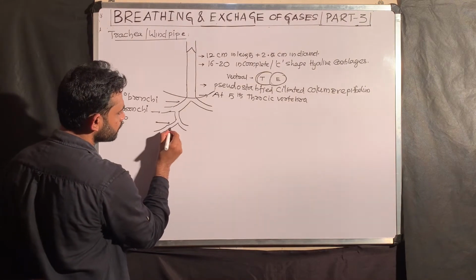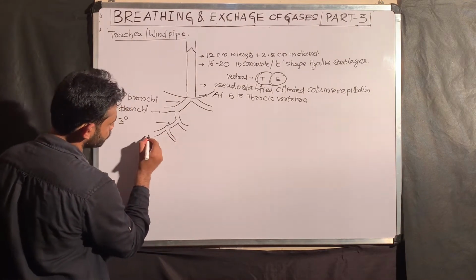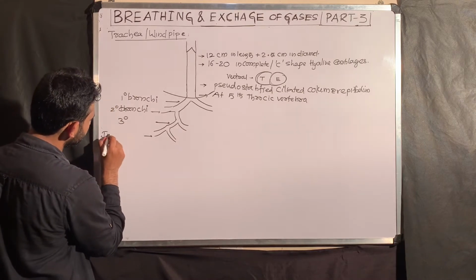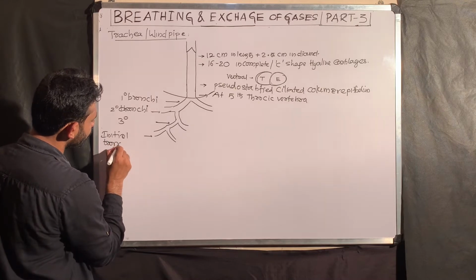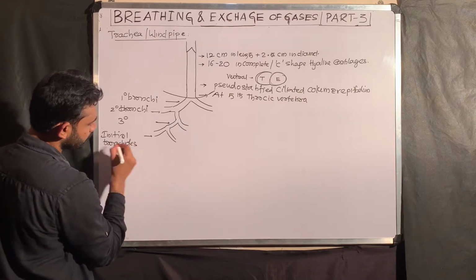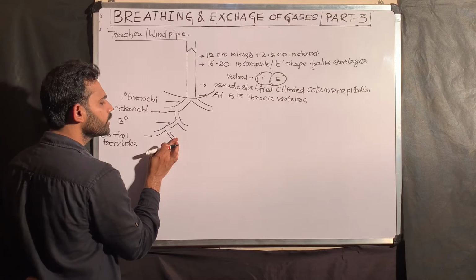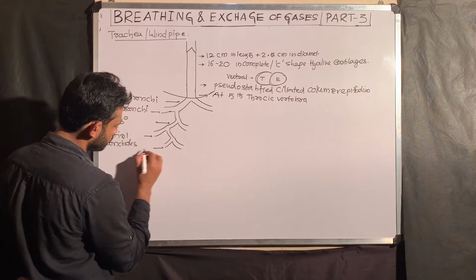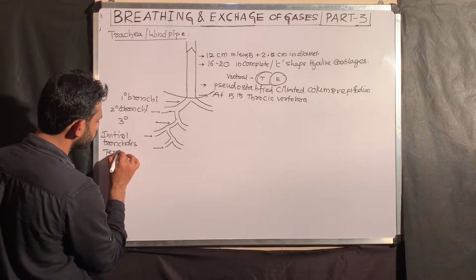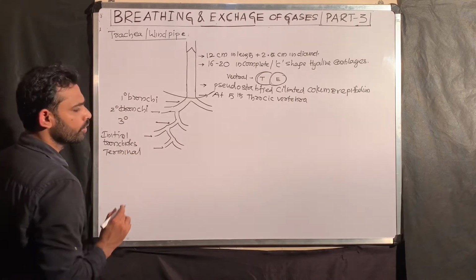The tertiary bronchi further divide into initial bronchioles. These initial bronchioles divide into terminal bronchioles.